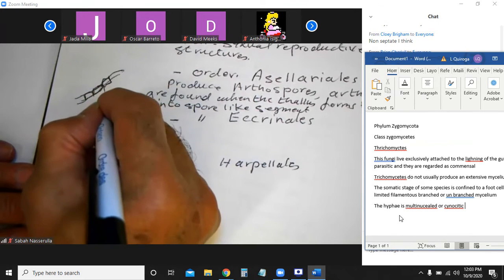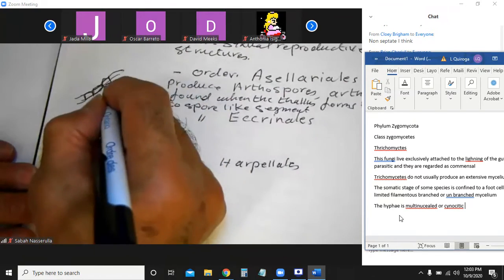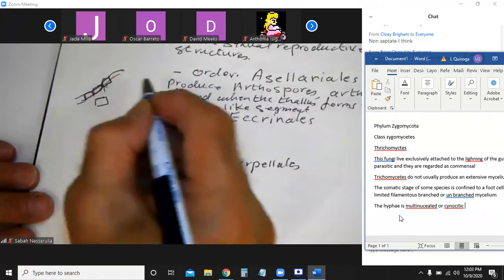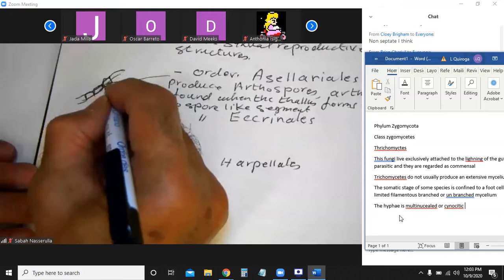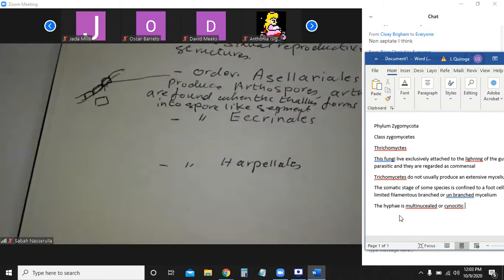So basically the same cells like this, when they come like this, are known as arthrospores, because they become thick and in the end they will pass the unfavorable condition as a protective cell, which in that case we call arthrospores, and they can germinate into a new hypha.